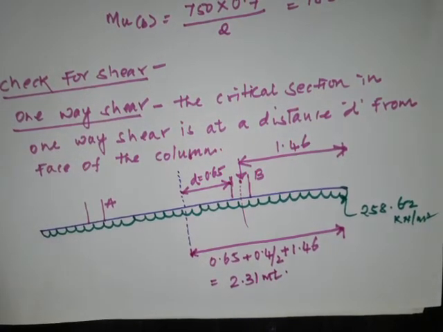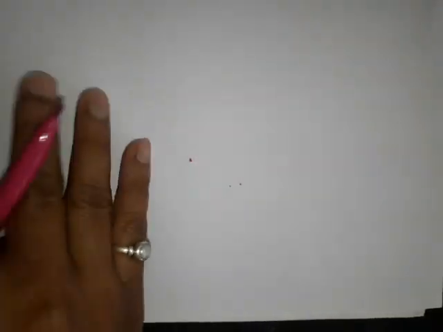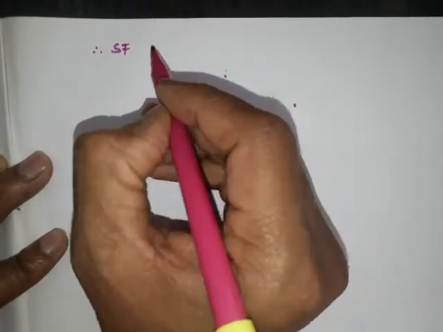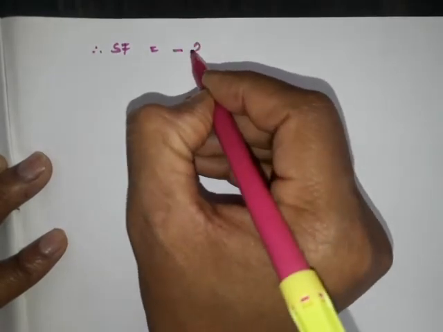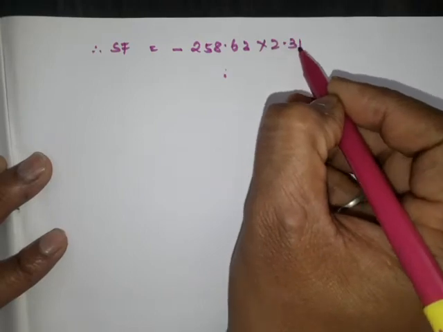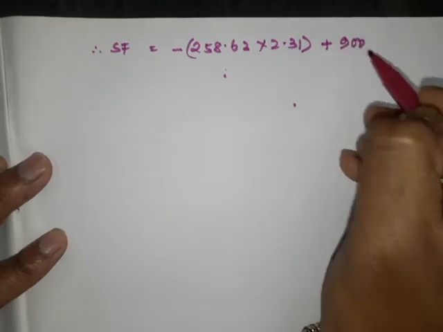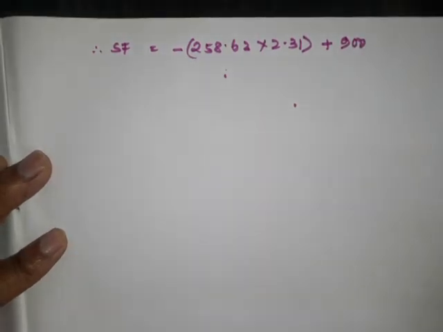Understood? Then after that we'll go for shear force. Shear force is equal to minus 258.62 into 2.31 plus 900, the column load 900.